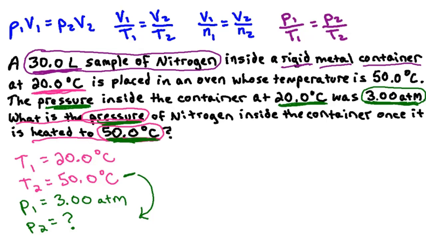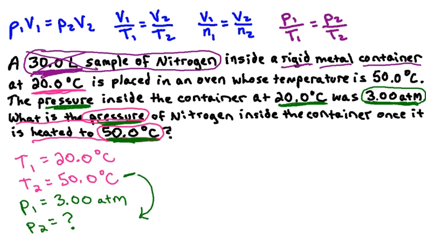It's not going to change no matter what you do to it because it's a rigid metal container. It's not a balloon. So we can assume that this volume stays the same. We don't need to use this 30.0 liters in our calculations because the volume doesn't change. So this is unnecessary information.